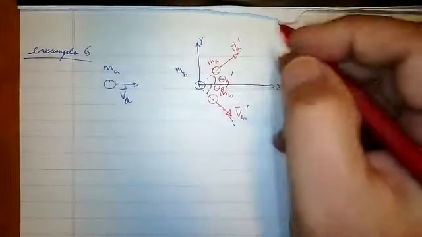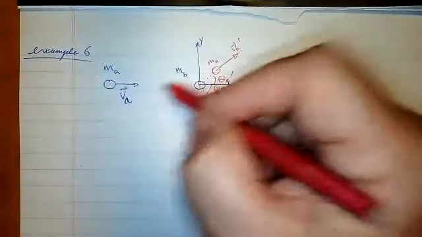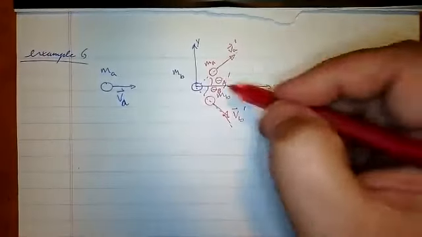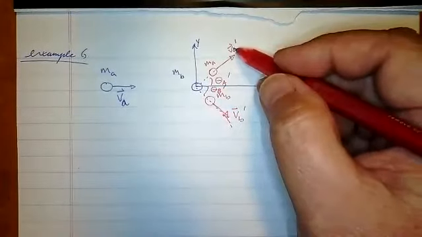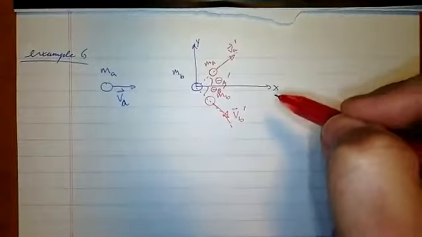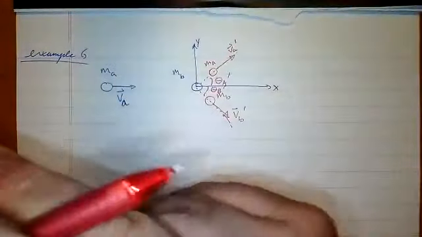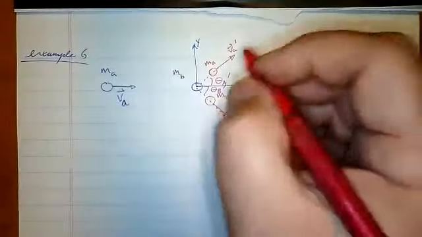Now, you can see there's a lot of unknowns here. Even if I knew this mass and this velocity, and the fact that this is 0, I still have this unknown, that unknown, that unknown. So there are 4 unknowns. That's really a holy grail type problem.